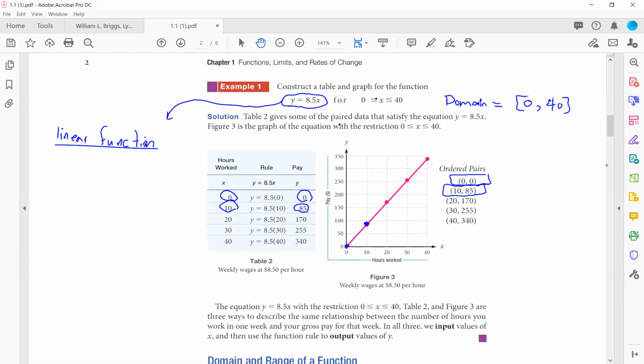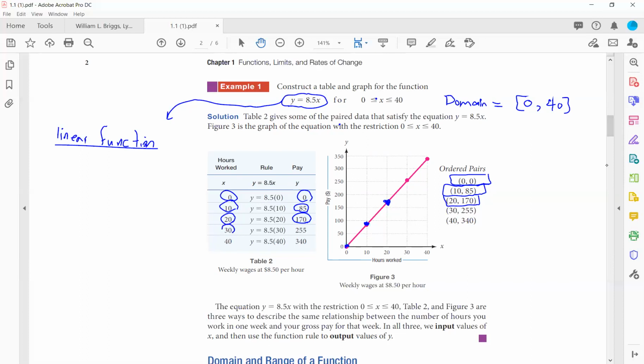We can plug in 15, 16. Let us plug in 20. y is 8.5 times 20, which is 170. Next point on the graph of the function is 20 and 170, the third point.